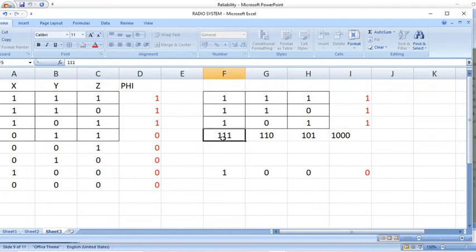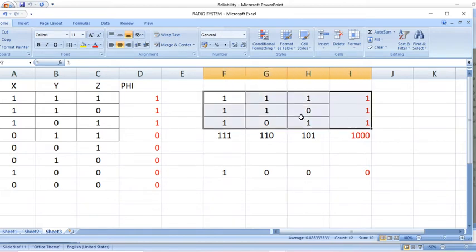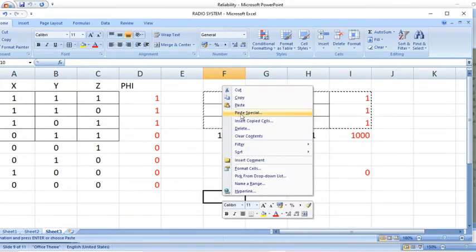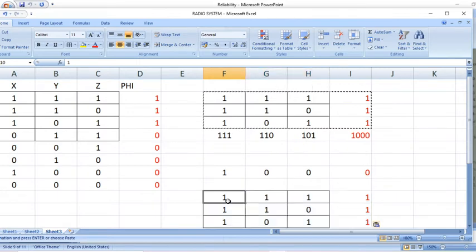So among the 4 vectors, which are critical? Is this critical? Definitely it is critical, because if it goes to 0, then the system goes to 0.